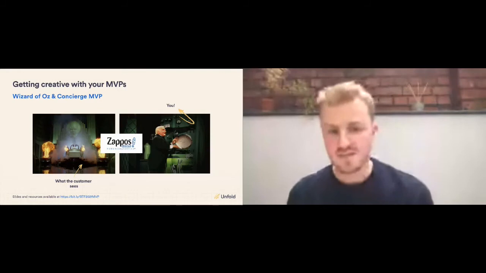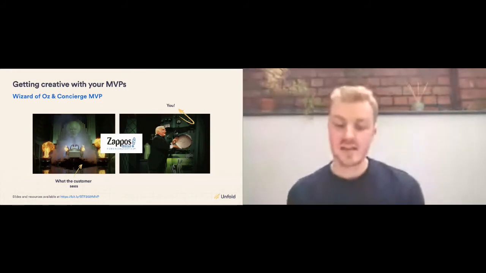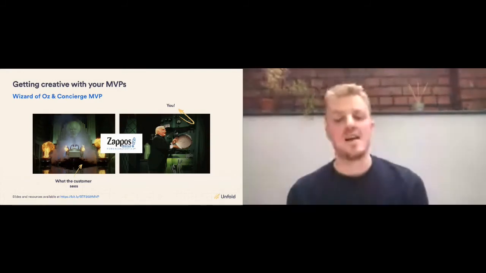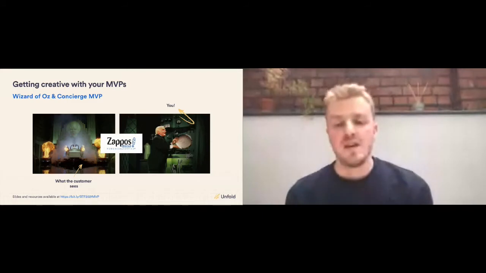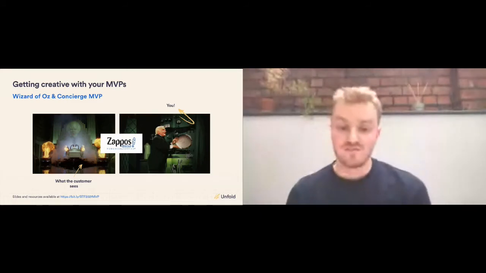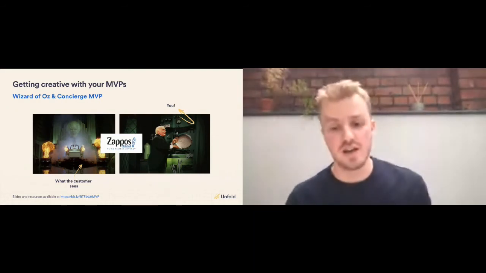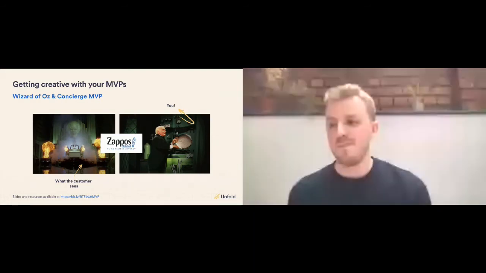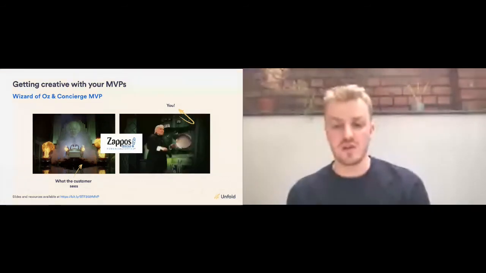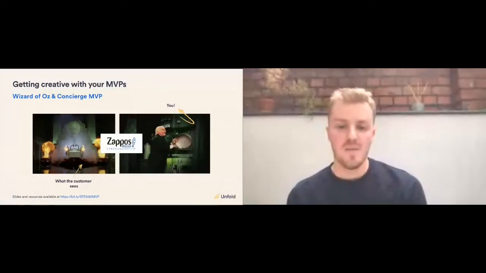The Concierge MVP is slightly different. It's the same kind of approach where you are the person doing all the legwork, but you allow the customers to see that. So you remove the curtain. The benefit of that is that you can be more malleable, so you can respond to customers' requests and tailor that service a bit more.